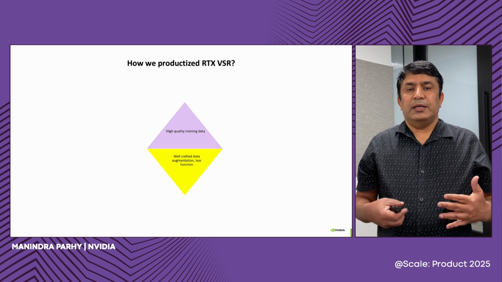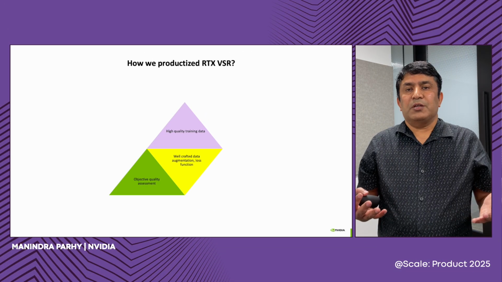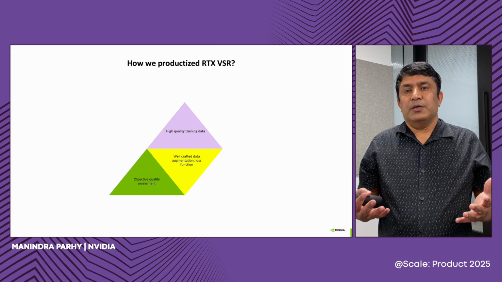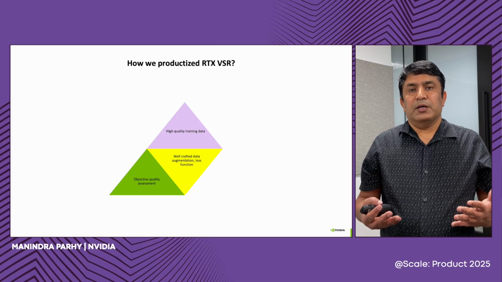The next thing is we put a lot of innovation into the data augmentation and how we train using the loss functions. That was the second step. Once we have this network in place, we rely to some degree on objective metrics like LPIPS and all that. But as you know, today's objective metrics are far from correlating well with the human visual system.